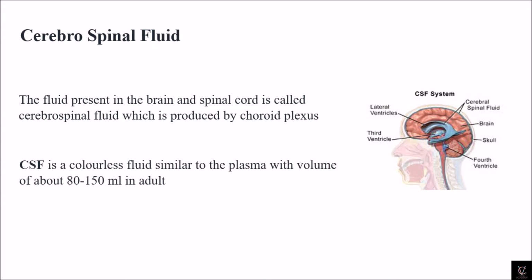CSF is a colorless fluid similar to plasma, with a volume of about 80 to 150 ml in adults. Plasma is observed in blood.